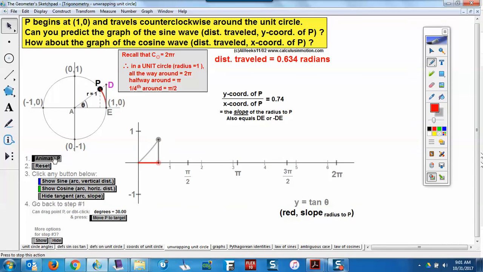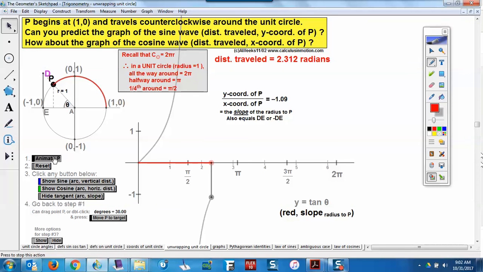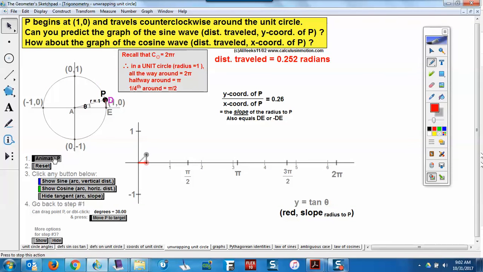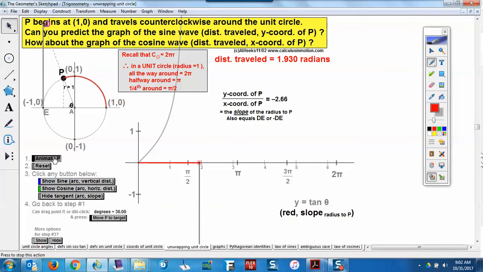Tangent is y over x, so tangent's the slope of this line. It starts out 0 right now, a 0 slope. Now it's a negative slope. But what happens on a vertical line? The slope is infinite, undefined, vertical. So that's why you get those vertical asymptotes. You get the vertical asymptotes at pi halves and at 3 pi halves, because that's when the slope of your line here would be undefined.